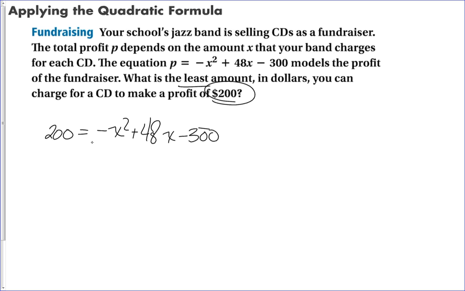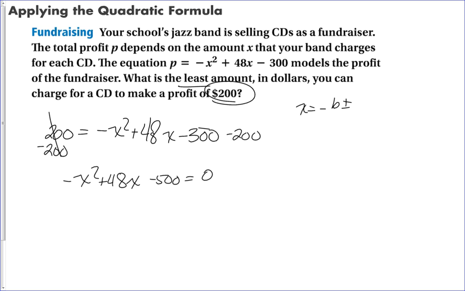To start to solve this, we need it equal to 0. So minus 200, minus 200. So negative x squared plus 48x minus 500 equals 0. Now we're going to plug this into the quadratic formula. Remember, it's x equals negative b plus or minus the square root of b squared minus 4ac, all divided by 2a.